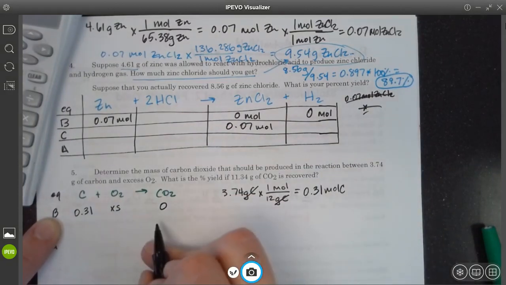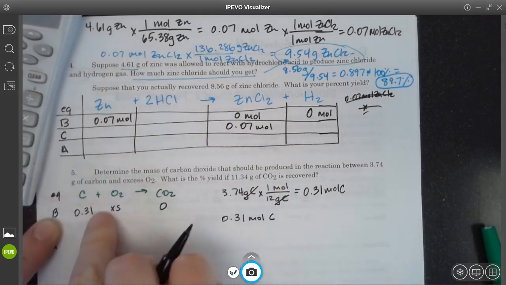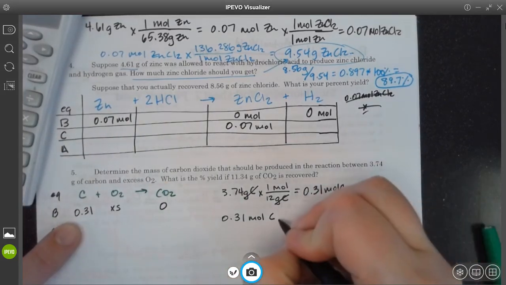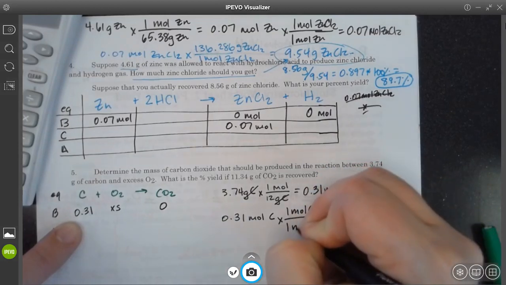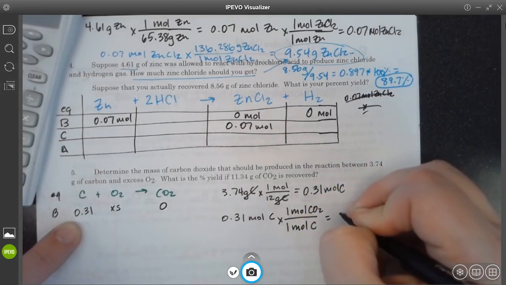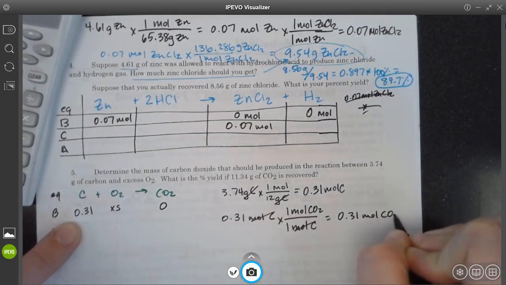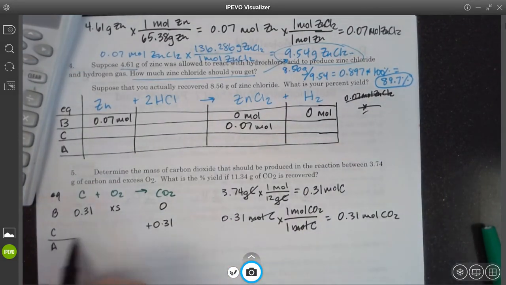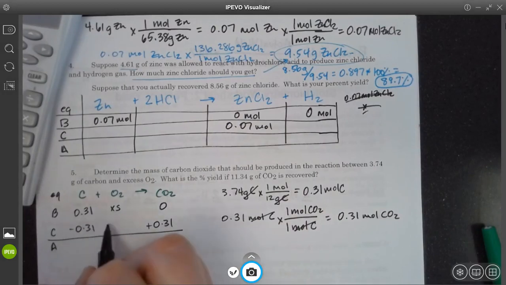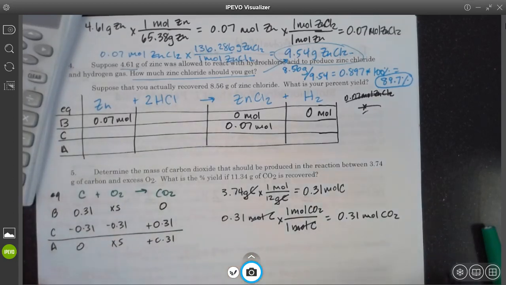So now we need to figure out our theoretical yield of CO2. If I've got 0.31 moles of carbon, and I need to convert that to moles of CO2, I know that for every 1 mole of CO2 that I produce, I'm going to use up 1 mole of carbon. And so my amount of CO2 is going to be 0.31 moles of CO2. So I'm going to use up all that carbon. I'm going to use up 0.31 moles of oxygen. So I'm going to have no carbon left, and I'm going to have gained 0.31 moles of CO2.